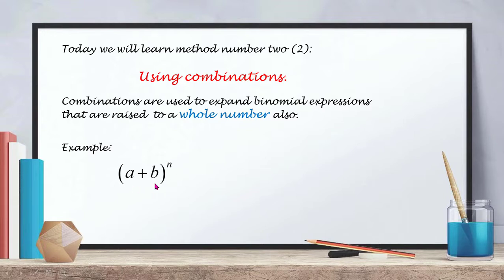A plus b is a binomial expression, and if we raise it to the power n, where n is a whole number, such as 1, 2, 3, 4, and so forth, then we can use combinations to expand this binomial expression.